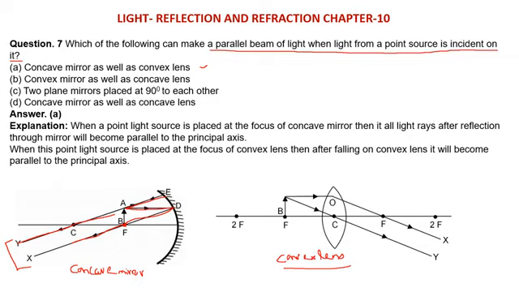One ray will go through the optical center, and the other ray is parallel to the principal axis. After refraction, it will go through the focus, and here also I can see that both the beams are parallel to each other.